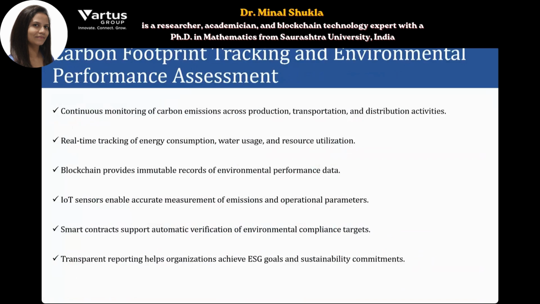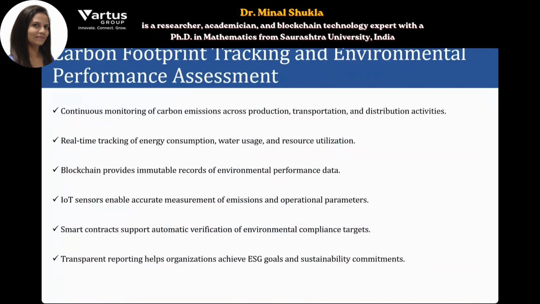So now carbon footprint, which is very emerging: tracking and environmental performance assessment. Continuous monitoring of carbon emissions across production, transportation, and distribution activities. Real-time tracking of energy consumption, water usage, and resource utilization. Blockchain provides immutable records of environmental performance data.